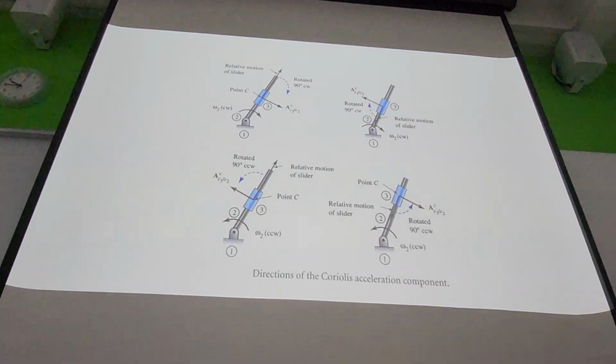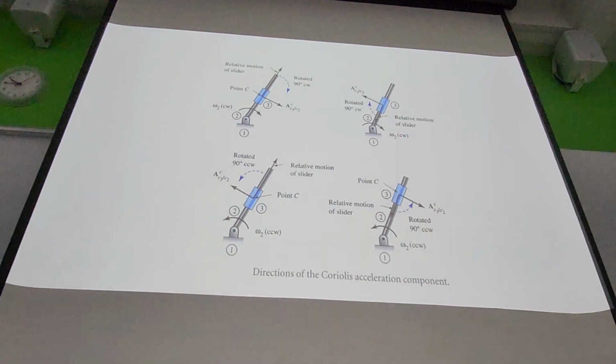Now the same thing, the angular velocity of link 2 is clockwise, but now the slider is going up, whereas here the slider is coming down. So in this case the relative acceleration changes direction, you can see.